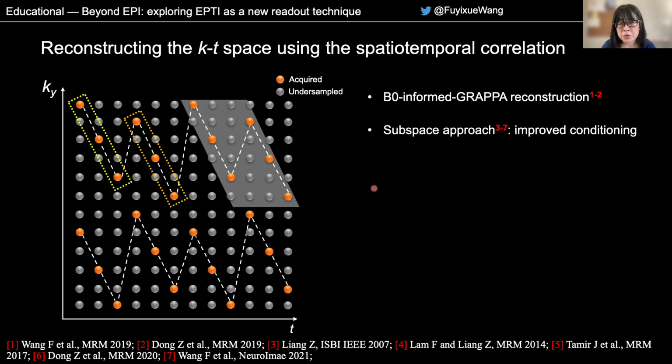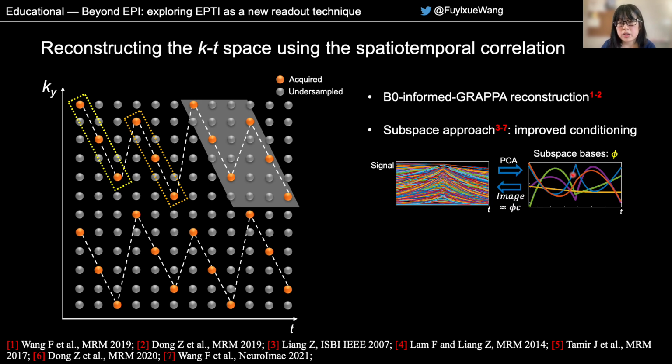Now, a subspace approach is used to improve reconstruction conditioning. The general idea is to use signal evolution prior to improve the reconstruction conditioning. During the reconstruction, a number of subspace bases are extracted that can accurately represent the signal evolution across echoes. Here's a spin echo signal evolution as an example.